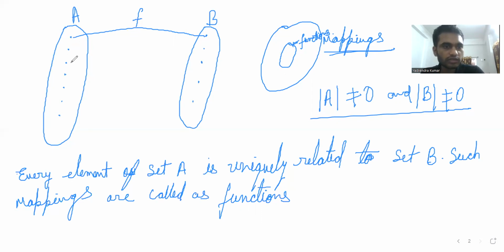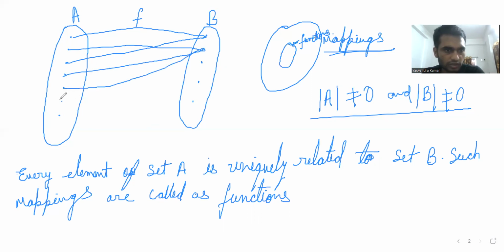Consider how this mapping should be drawn. This element is going to this one, this element is going to this one, and so on for each element. Let's name them 1, 2, 3, 4, 5, 6, and 10.